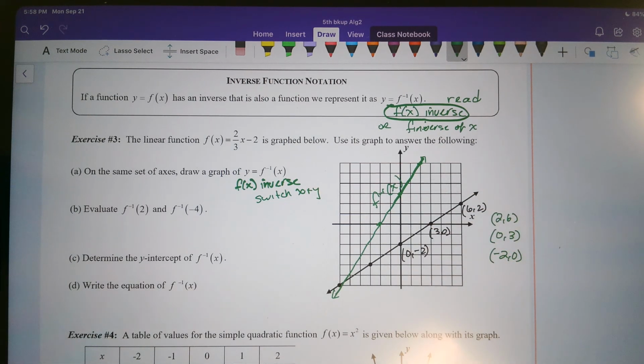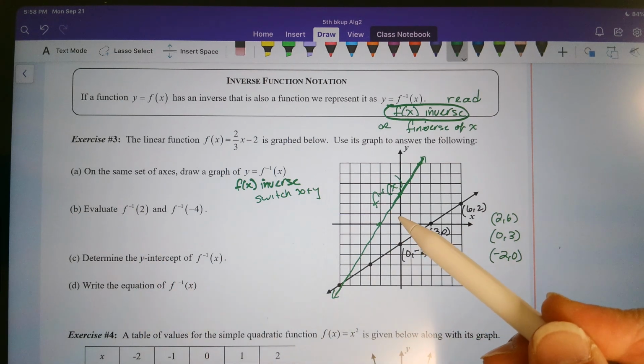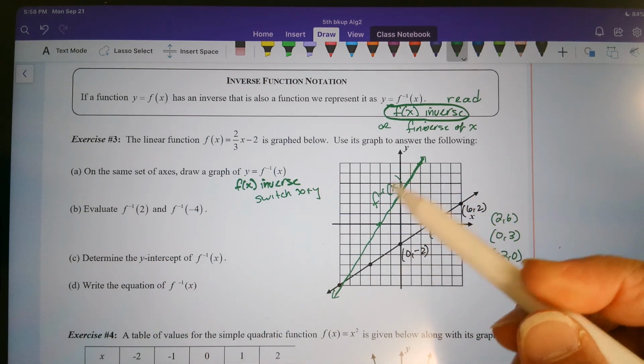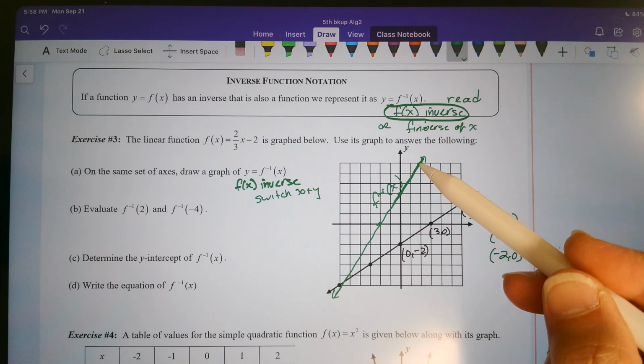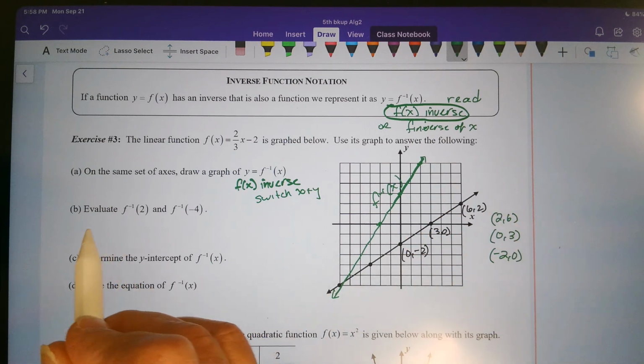Evaluate f of 2 inverse. If I'm looking at my green line, an input of 2 has an output of 6.